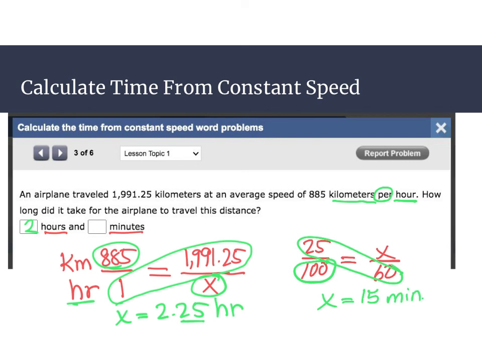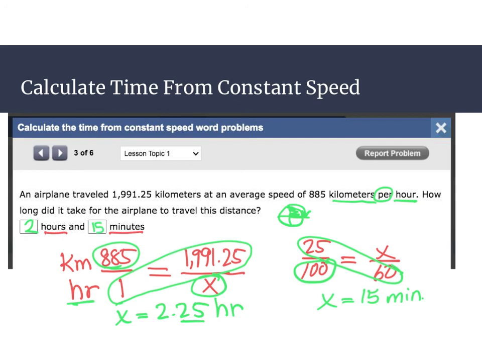We could logically think about that for a second. 25/100ths is actually 1/4 of an hour. If we take that hour clock and split it into fourths, 25% of it would put us at that 15-minute mark. So it makes sense that this would be 2 hours and 15 minutes.